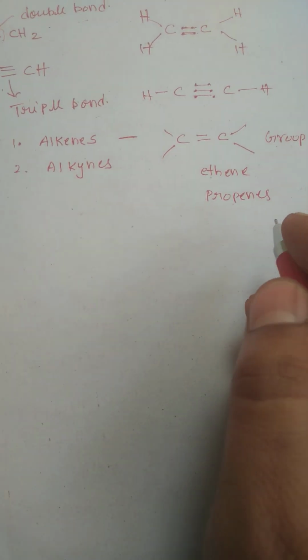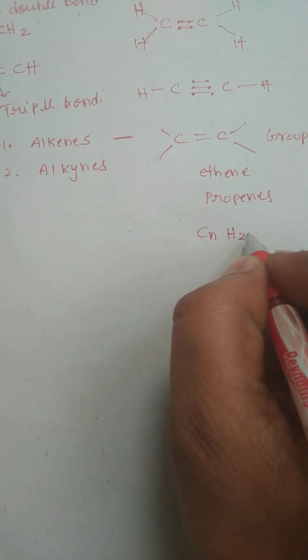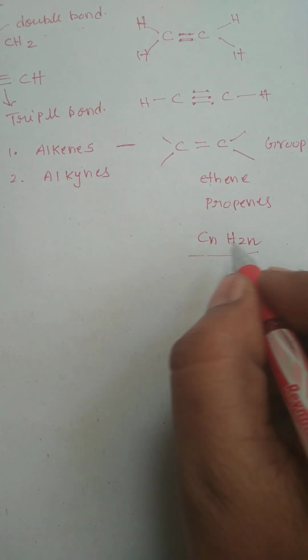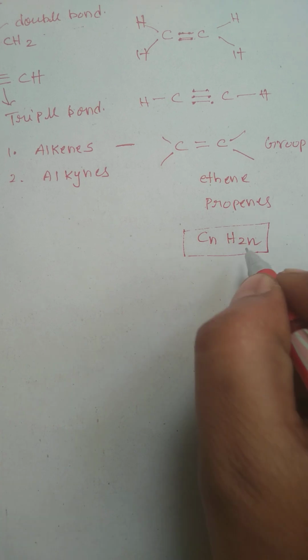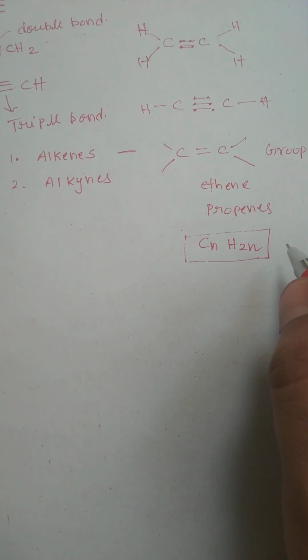Now, what is the general formula of alkene? The general formula of alkene is CnH2n, where n is the number of carbon atoms in one molecule.